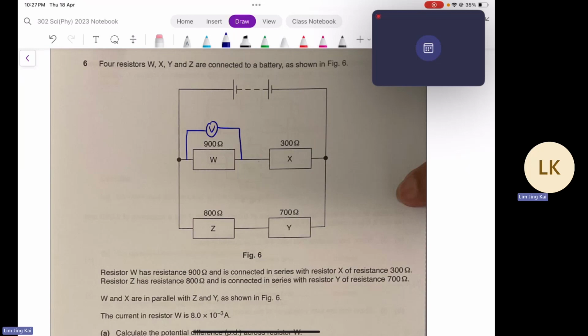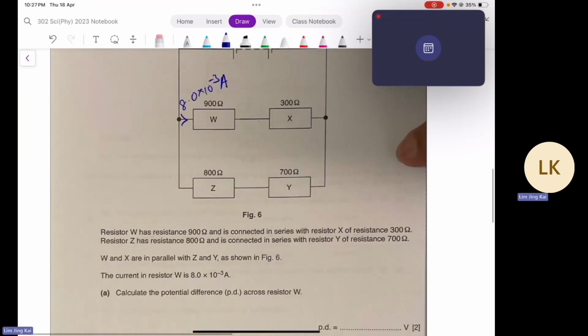But based on the question, you are already given that the current flowing through the resistor W itself is 8.0 times 10 to the power negative 3 amperes. Okay, so with this in mind, I have my current, I have my resistor.